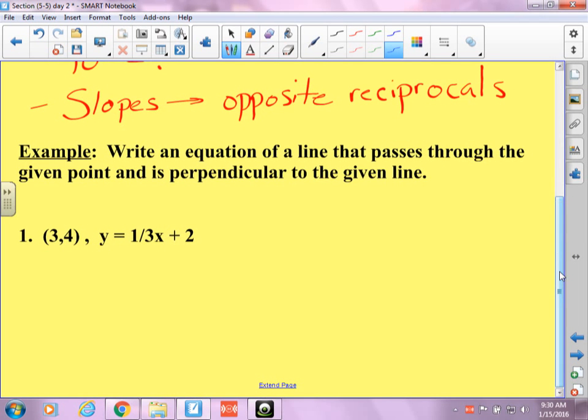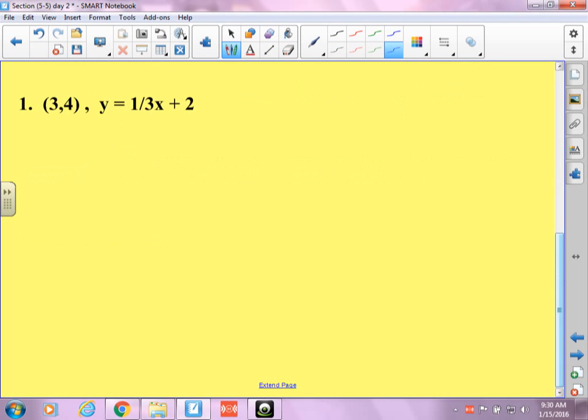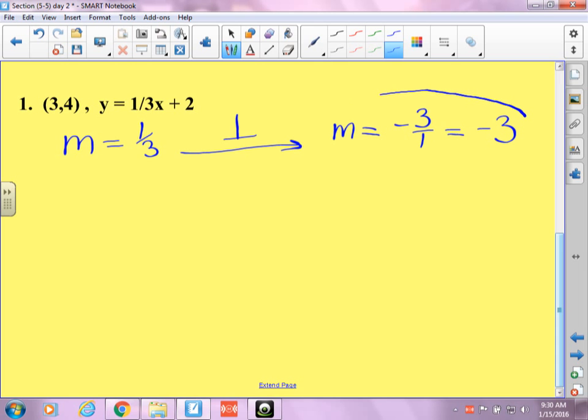The first thing I'm going to do is take this equation. What is the slope of this line? It's 1/3. And if I'm doing perpendicular, my new slope is -3/1 or just -3. And this is the slope that we're going to use in our equation.